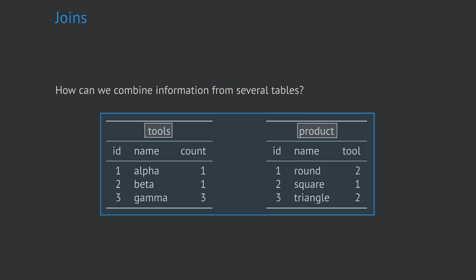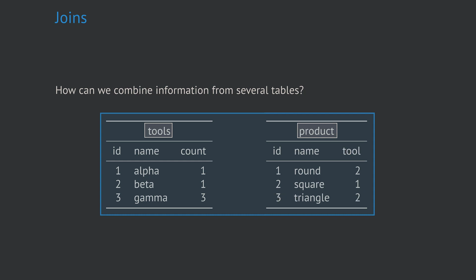The table products is similarly structured. It also only contains three columns: ID, name, and tool. And it also contains only three datasets: 1, round, 2; 2, square, 1; and 3, triangle, 2.